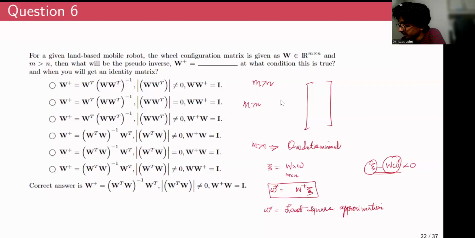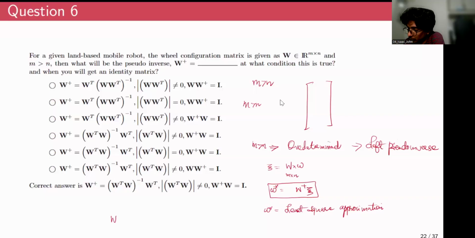So in order to find out omega star, the pseudo inverse for an overdetermined system, what we are looking for is the left pseudo inverse. Which is nothing but, by definition, W transpose W, the whole inverse, W transpose. This is the left pseudo inverse. Right?